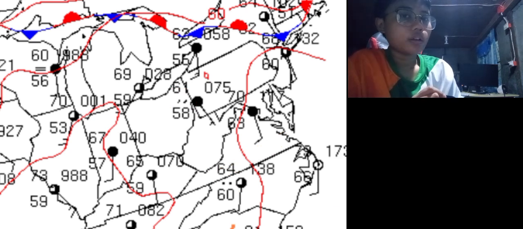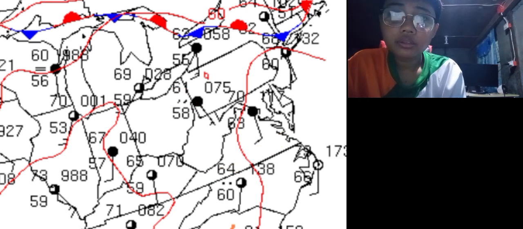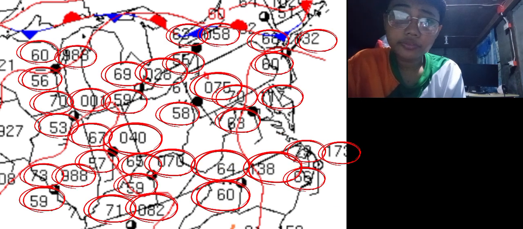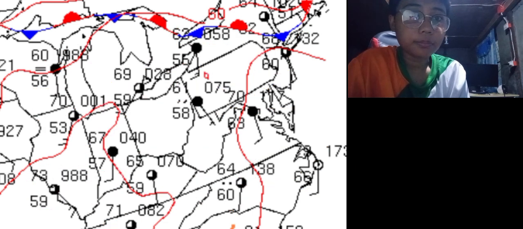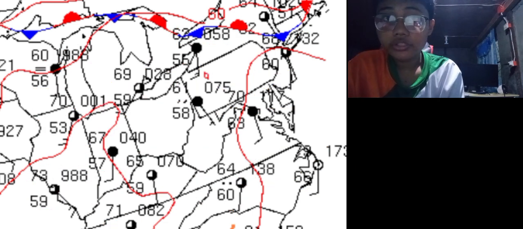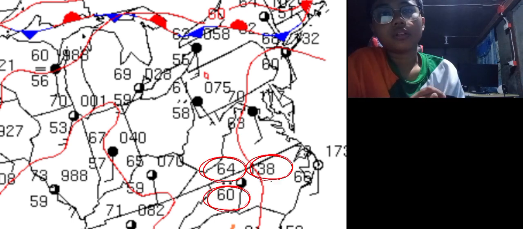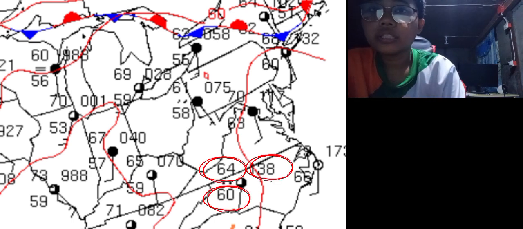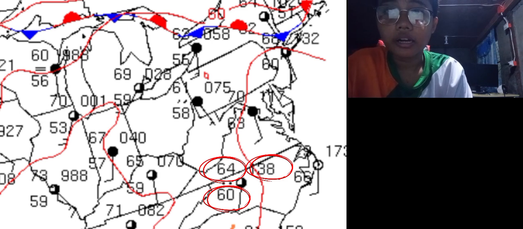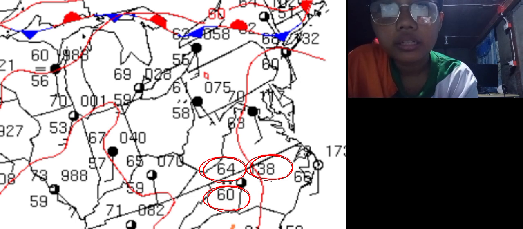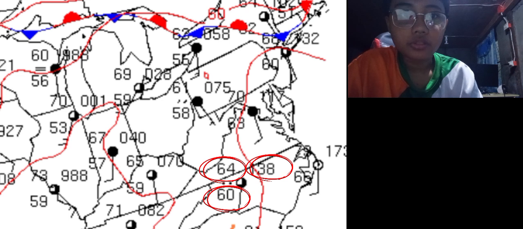Now, you might be wondering, what do these numbers on the surface weather map mean? It may look complex, but if you understand it, it is much easier. I want you to listen carefully. You see numbers around the cloud cover.